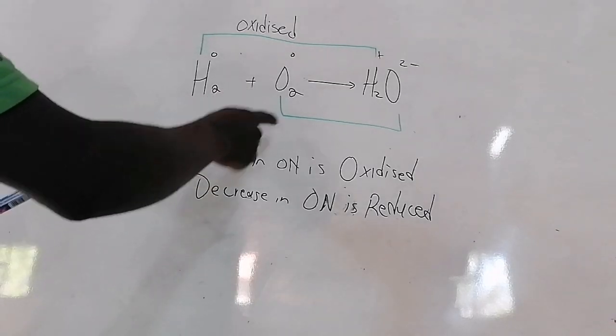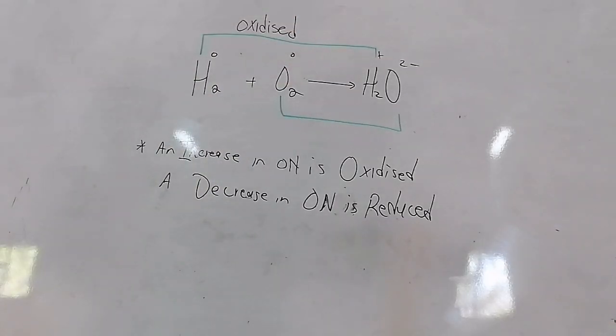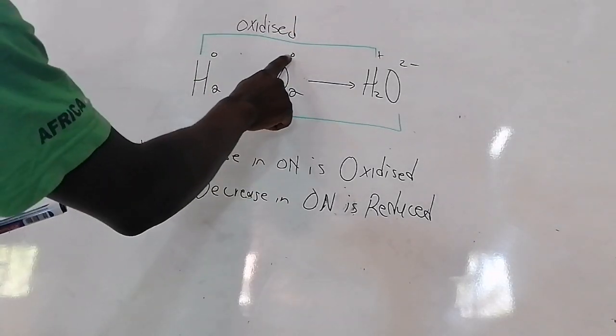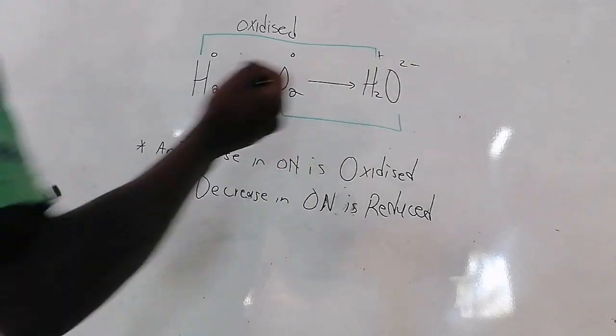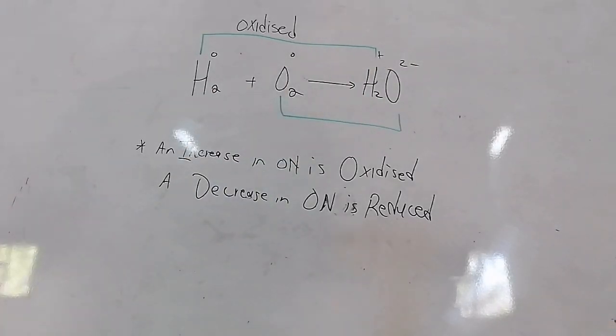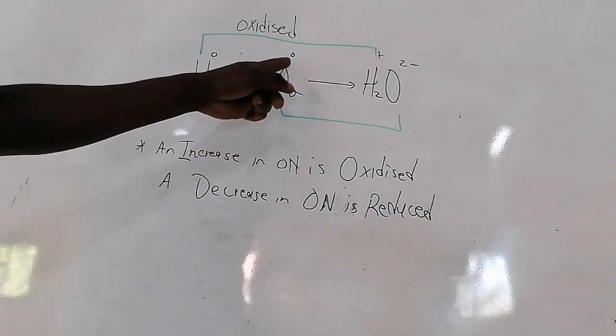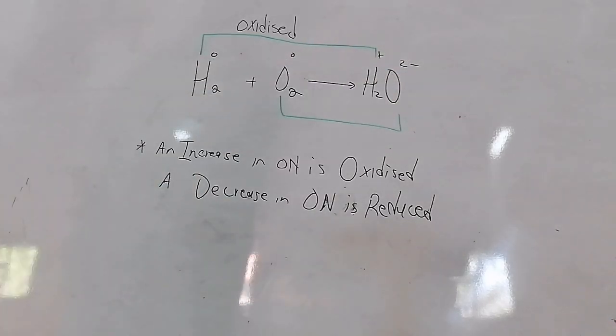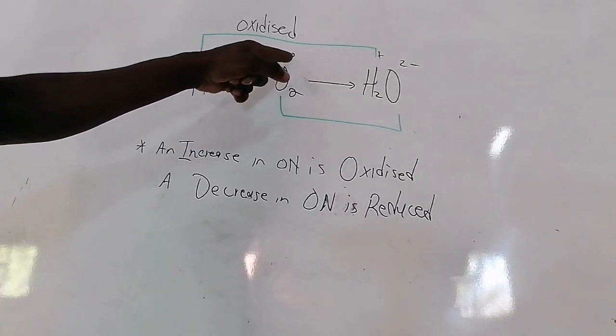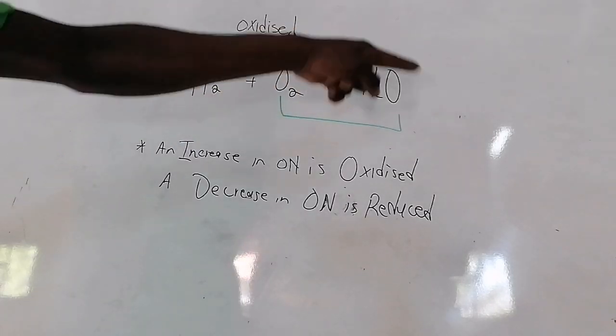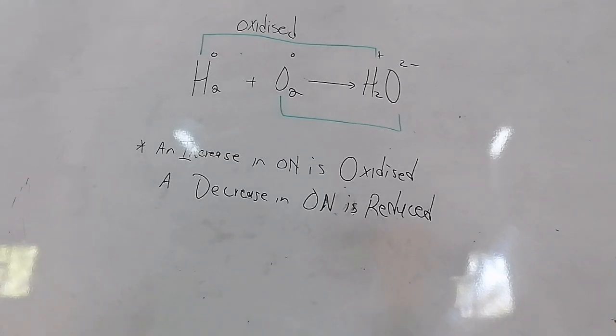Now, let's check this one, then I will show you how to conclude this. Now, we have 0 here, then here we have 2 minus, or negative 2. So, did the oxidation number increase from 0 to negative 2, or did it decrease? Remember, we want to check what number they subtracted from 0 to get negative 2. They subtracted 2.